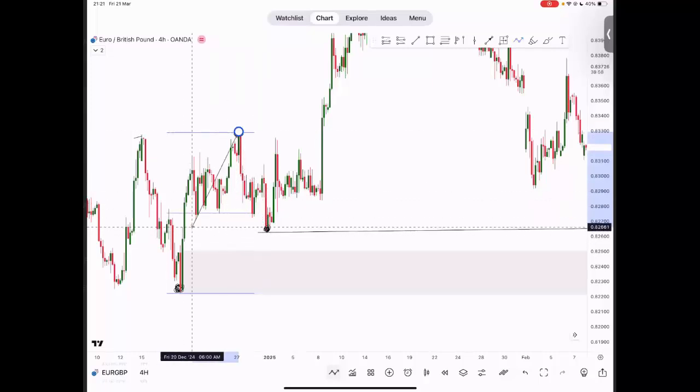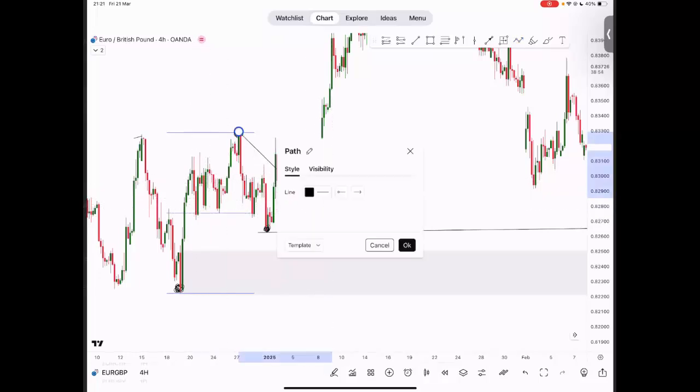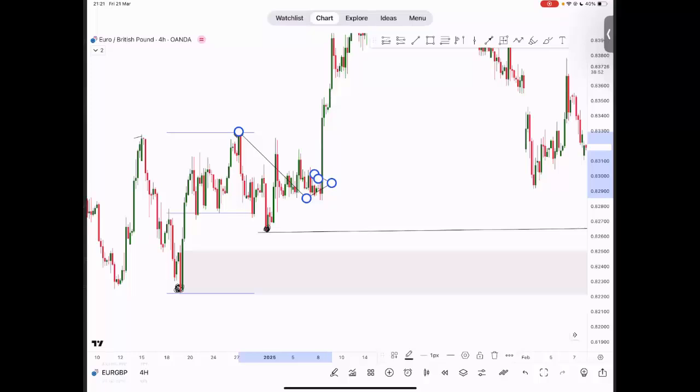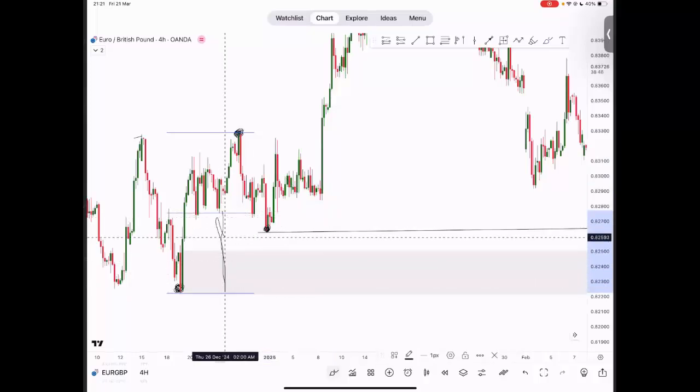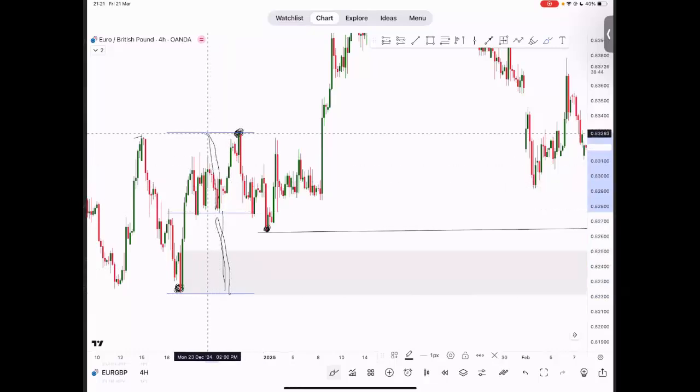It must get into the discount. I told you that premium is what? Premium is this, the first 50 is your discount, sorry. The discount is this first 50. Your premium is this second 50. So which means that the inducement must pull back into the discount if it's a buy, and must pull back into the premium if it's a sell.